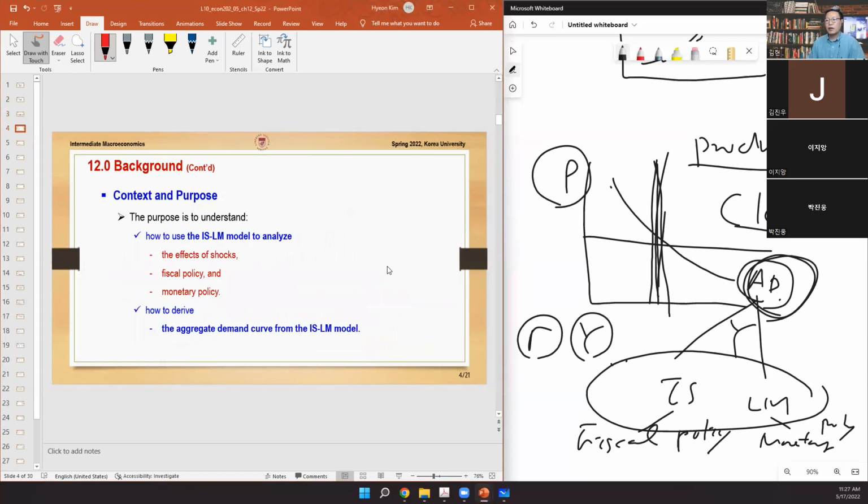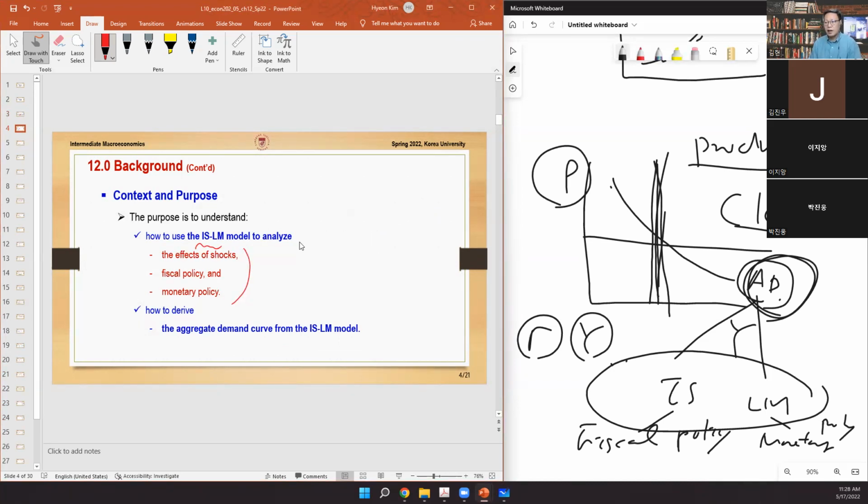So the key point is, we'll use this IS-LM model to analyze this type of approach. Since it is macroeconomics, we would like to understand that there are some short run fluctuations and how to model them in our economic setting. After that, how to deal with or control this type of fluctuation, or how to make fluctuations with a policy variable.